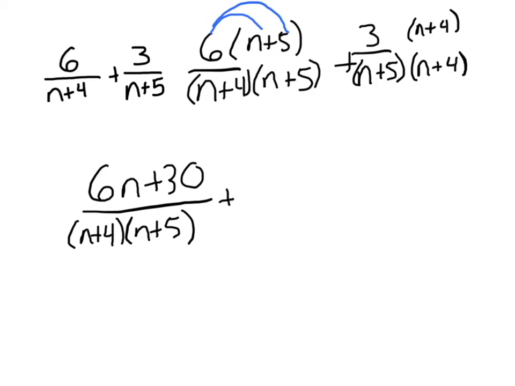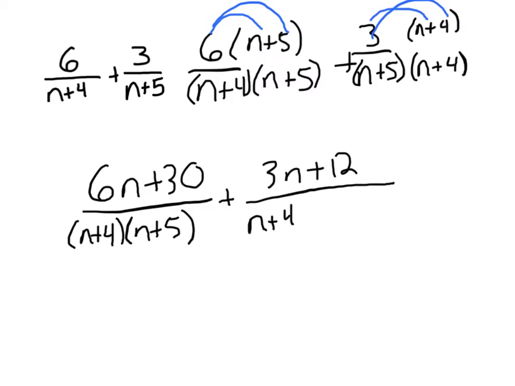Plus, and right here, we've got 3 times n would give me 3n. 3 times 4 would give me 12. All over n plus 4 times n plus 5. Well, let's see if we can't write that 5 just a little bit neater.